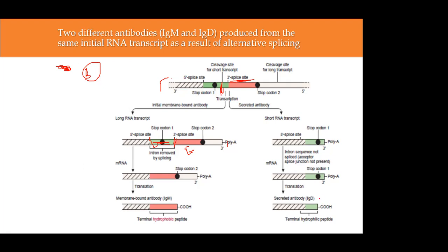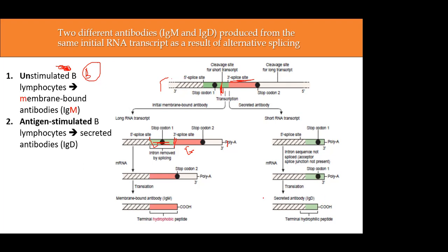So a way for me to think about it: unstimulated B cells, or B lymphocytes, will produce IgMs. Remember, the M goes with the M. It's membrane bound. They're still attached. You can see it in this lecture. So this is IgM.